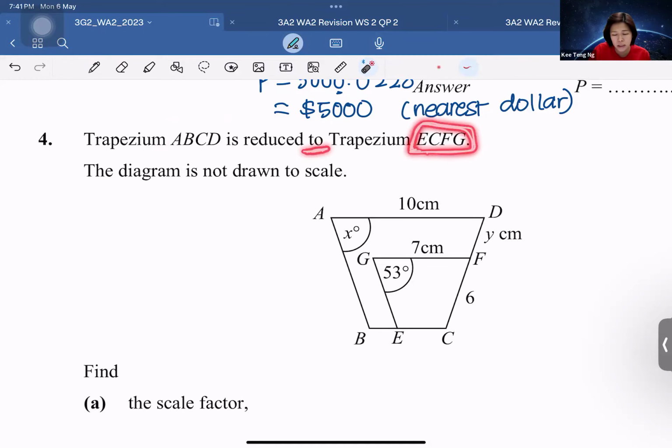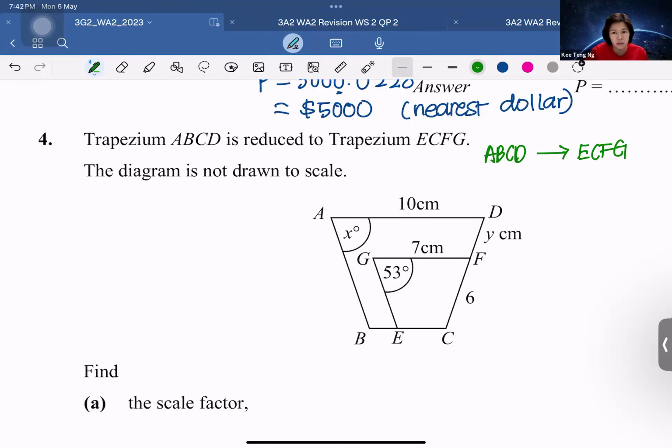So when it's something to something, it means I have A, B, C, D become ECFG. So which one is the image? Which one is the original? From A, B, C, D, original, to ECFG is the image. Right, so this one is the original and that is the image.